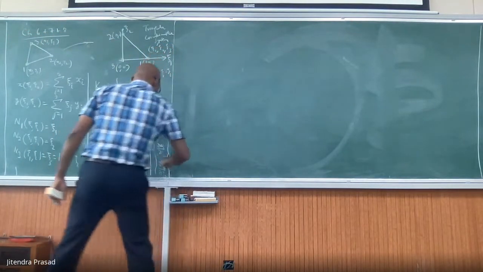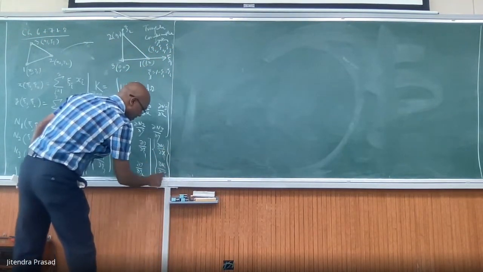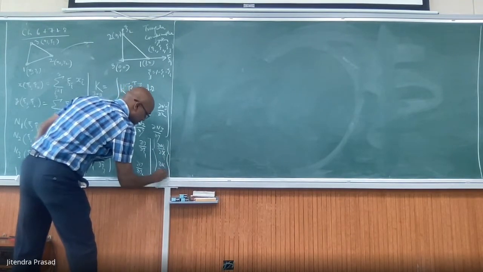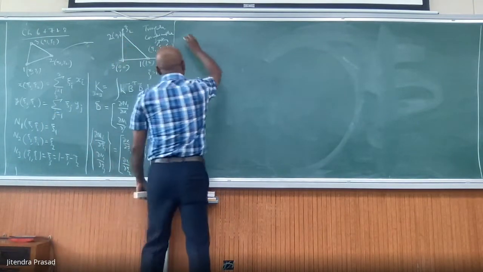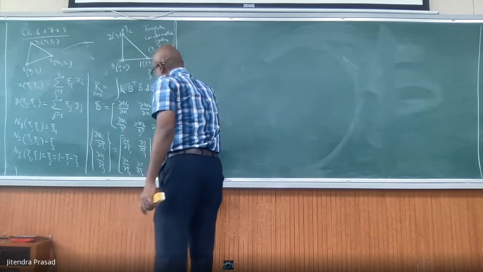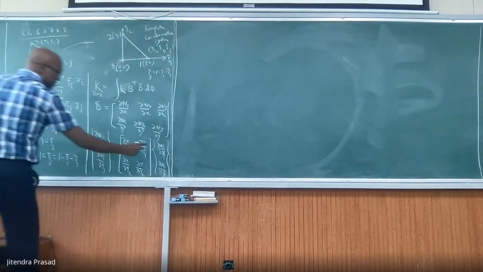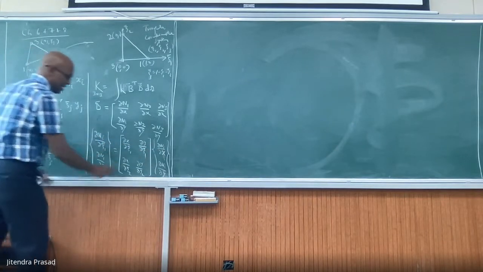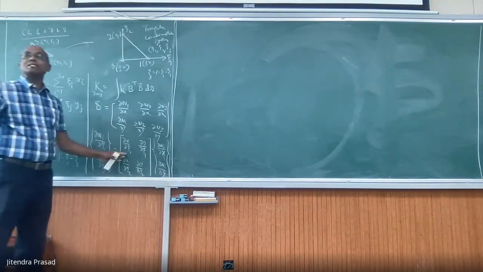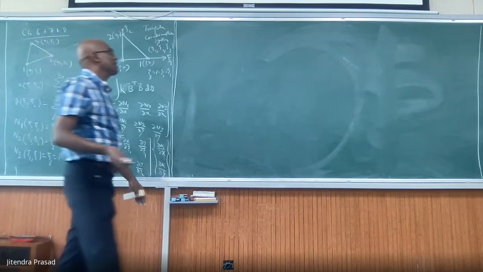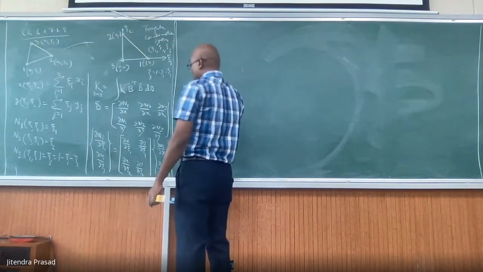Sorry, it should have x and y there. We got it earlier also, the same thing you will do. In order to find this, you have to invert it, and you call this one J. This is again the Jacobian matrix.